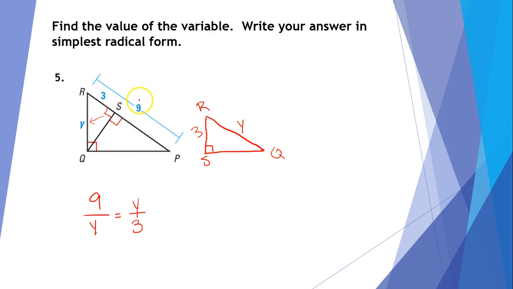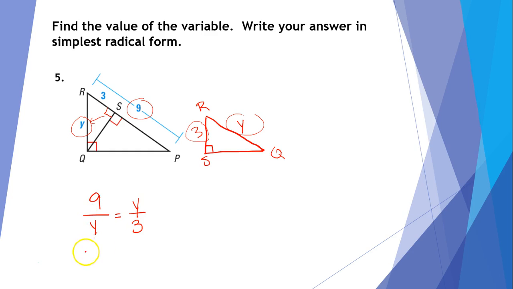So we're saying 9 over y is equal to y over 3. And that is our geometric mean theorem right there.